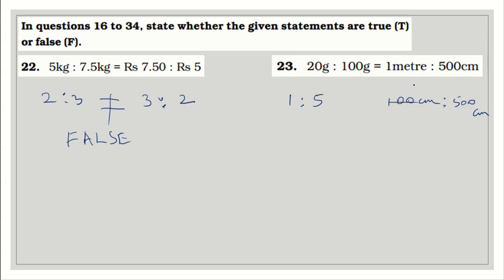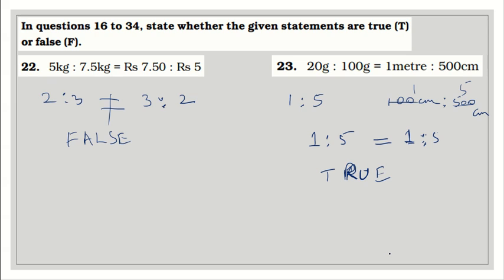So now 100 1s are 100, 100 5s are 500, again this gives you 1 is to 5 ratio, which we have already got as 1 is to 5, both of them are equal. So 1 is to 5 is equal to 1 is to 5, thus we agree with this equality, and we say that this is a true statement.